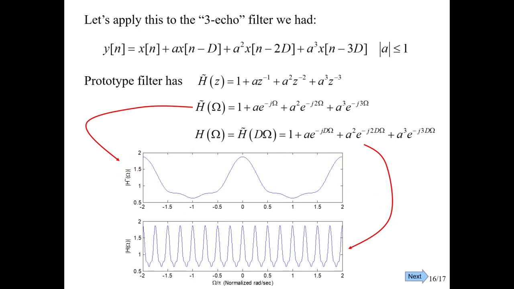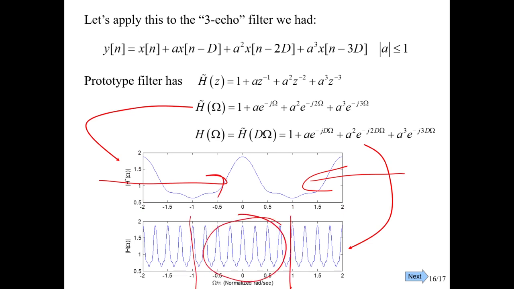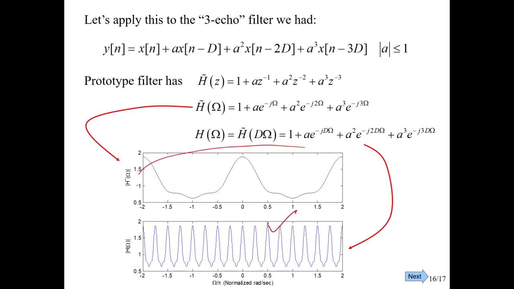And all of those get squished in to create a bunch of teeth between minus pi and pi. Again, this gives me teeth because I started with a prototype that had teeth. If my prototype didn't have teeth, everything would still get squished in. I won't have a toothy comb filter when I'm done, but we'll still call it a generalized comb filter.